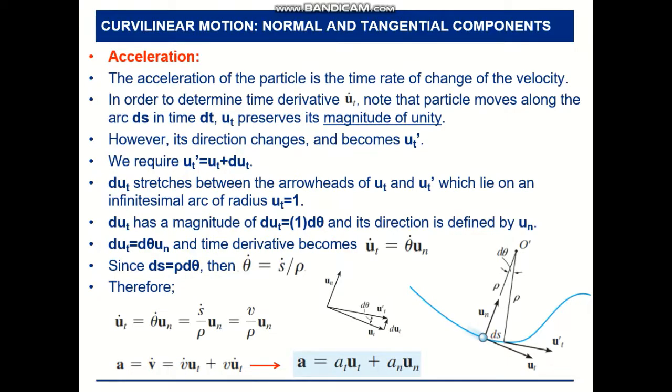Then v dot is the acceleration in the tangential direction, ut, and v ut dot we change into this term, v squared over rho un, which is the normal acceleration term multiplied by the unit vector of the normal direction.